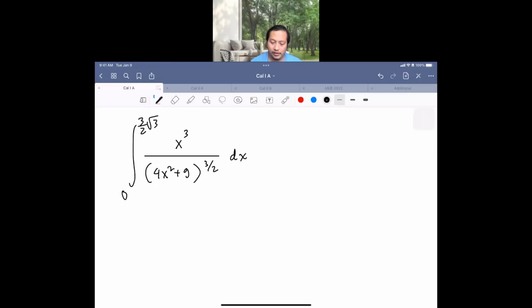Just look at the equation first, and then relate these equations to trigonometric substitutions. Could we do something about this? Can we do something about this?